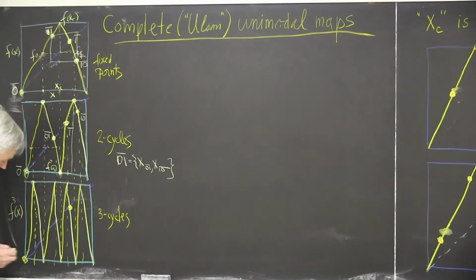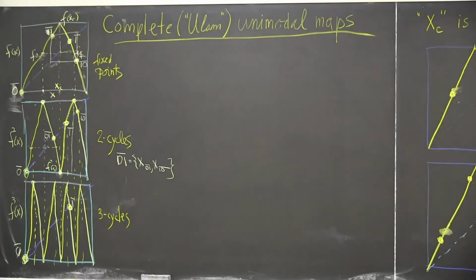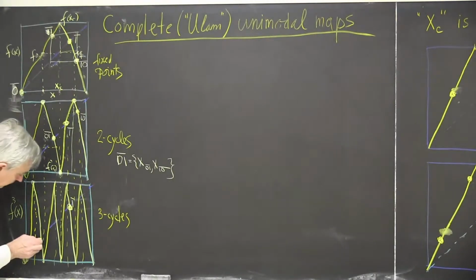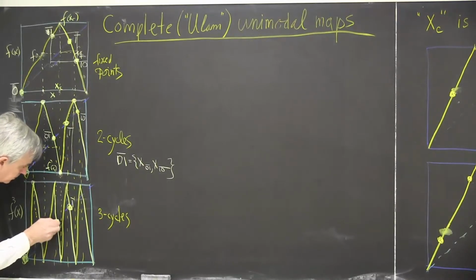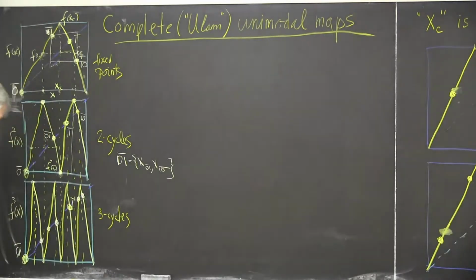So now what will happen is this map will have a fixed point here and a fixed point there, because 0 repeated 3 times is still a fixed point, 1 repeated 3 times is a fixed point. But now we will have 6 more fixed points in the third iterate of the map. And what are these guys?